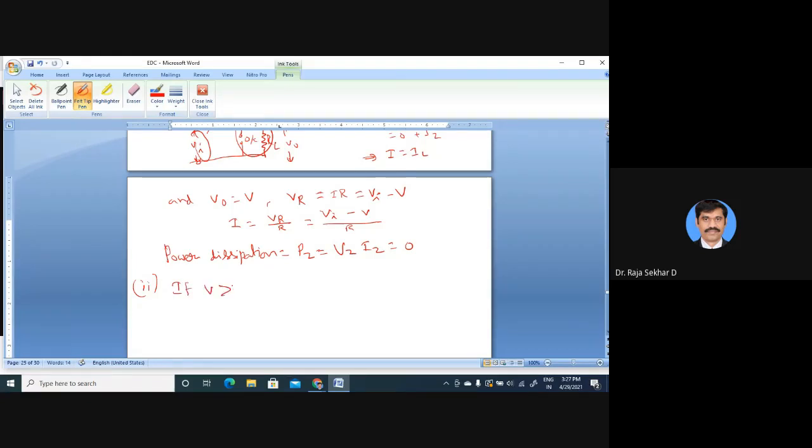Now come to case 1, second point. If V is greater than Vz, then the diode is on, that is, breakdown occurs.